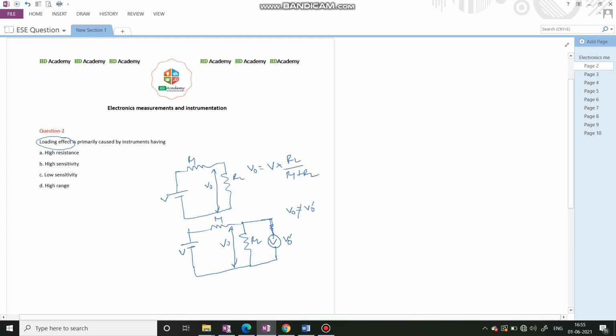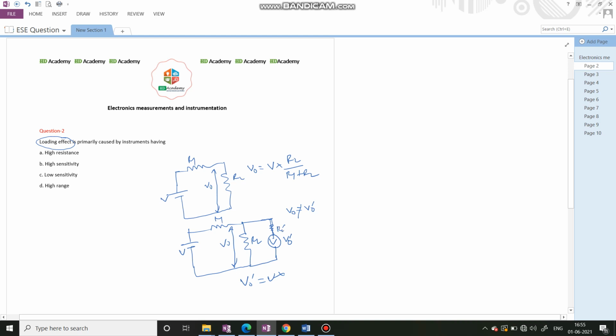Now the V0 dash value will be V into R2 parallel R2 dash, divided by R1 plus R2 parallel R2 dash, because there is not only the resistance R2, with R2 there is also another resistance.